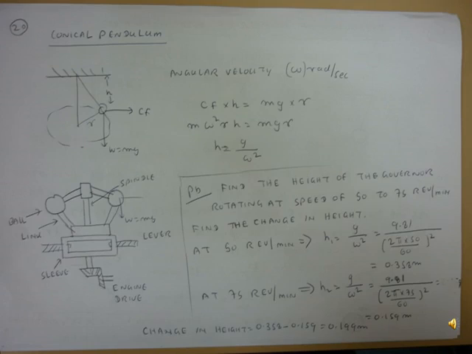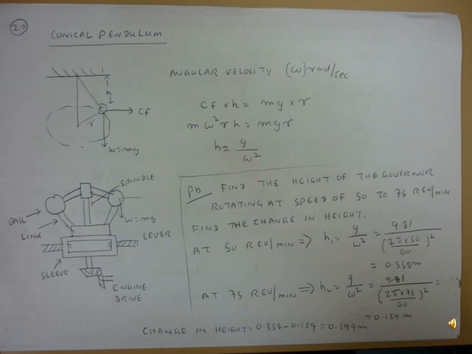Then we will explain the conical pendulum. As you see in the diagram, the conical pendulum has length L and rotates with radius R. When it is fully swinging, there is a vertical distance H. The centripetal force acts in the horizontal direction. The weight W equals mg, acting vertically downward.